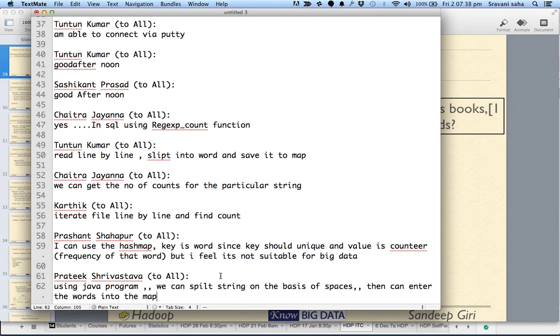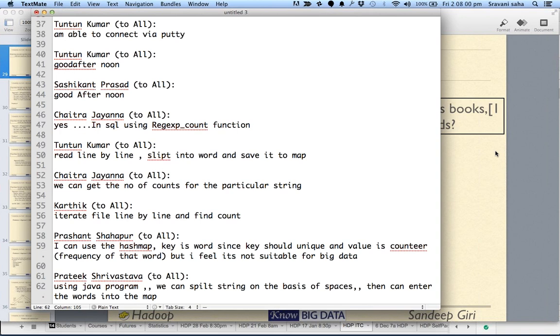Pratik says that using a Java program, we can split a string on the basis of spaces, then count the words. Excellent. So we have got two approaches. I mean, these are the same approach actually.